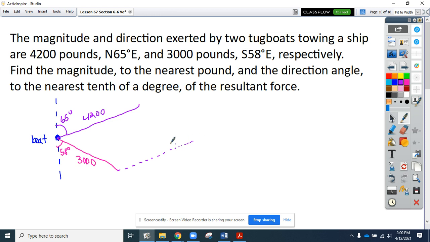So if you line them up end to end, what we're looking for, the resultant, is going to be this vector. Extend out a little bit. So that's what we're looking for. That's going to be our answer, the resultant. How are the two working together? So when we write the equation, I just want you to have that big picture in mind that when we write each of the equations so that we can add them, this is why we add them, because you are putting them end to end and you're saying, well, how do those two really combine? What really happens to that ship? And that's what's happening. All right.